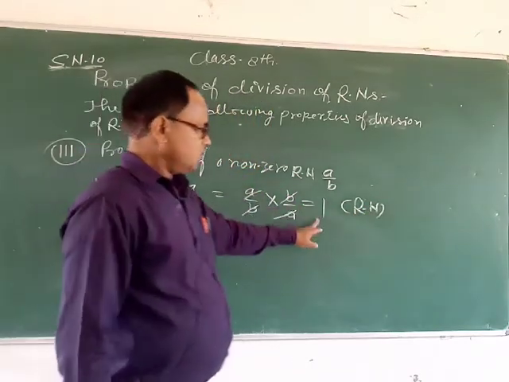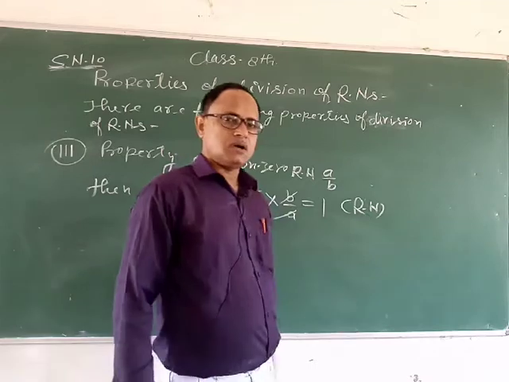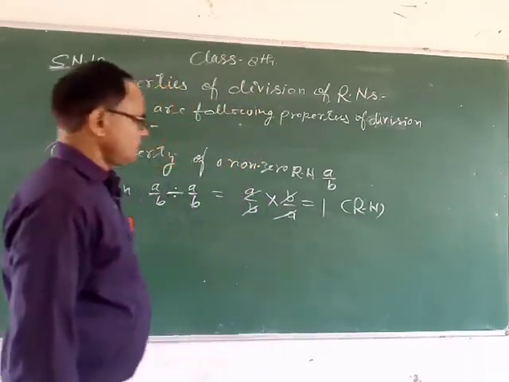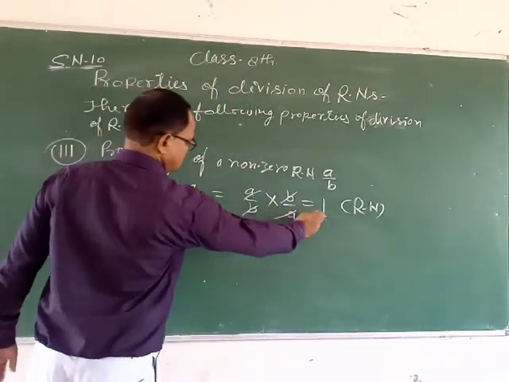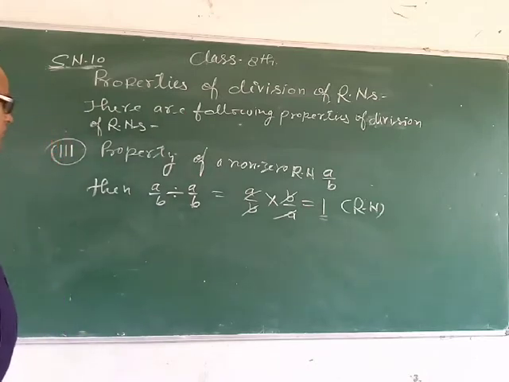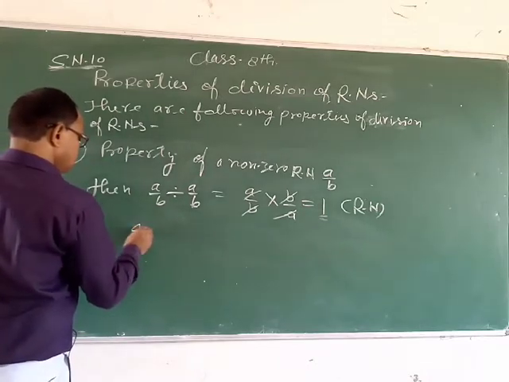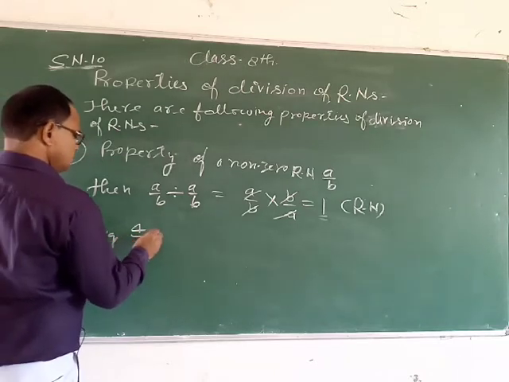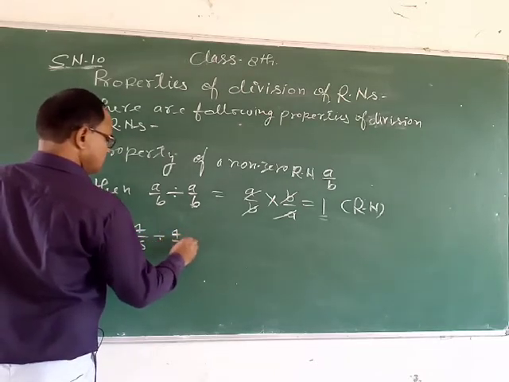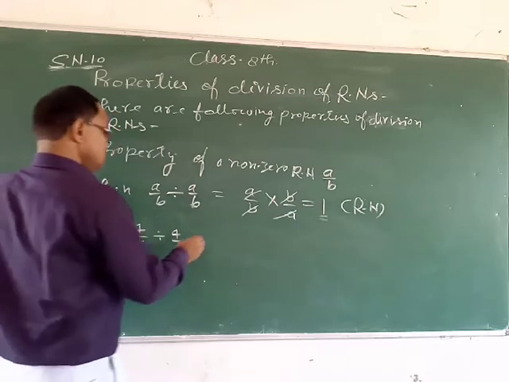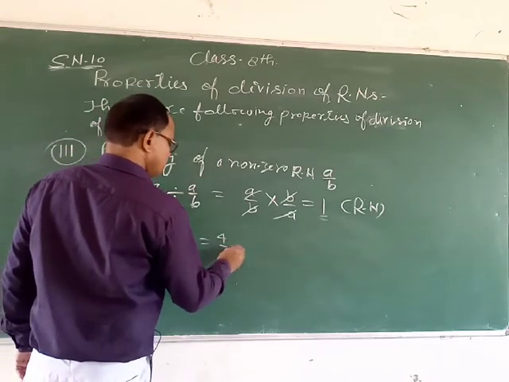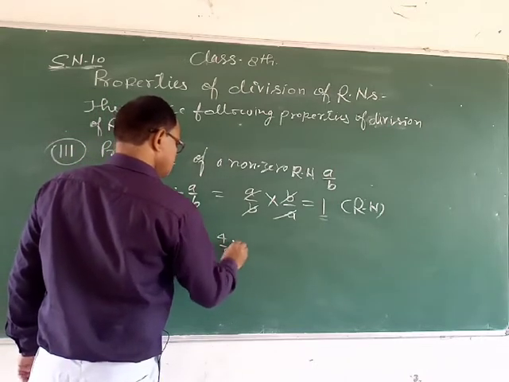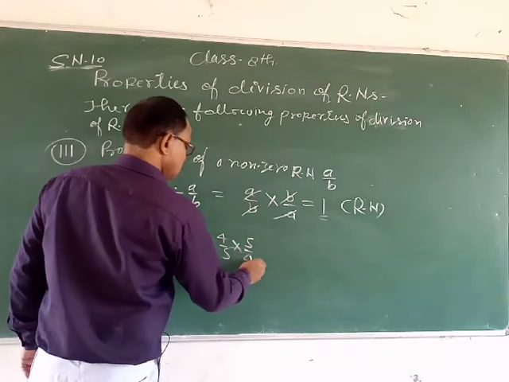1 is a rational number. Okay, 1 is an integer, and all integers are rational numbers. Here, as an example, 4/5 divided by 4/5. Okay, here we get 4/5 multiplied by 5/4.